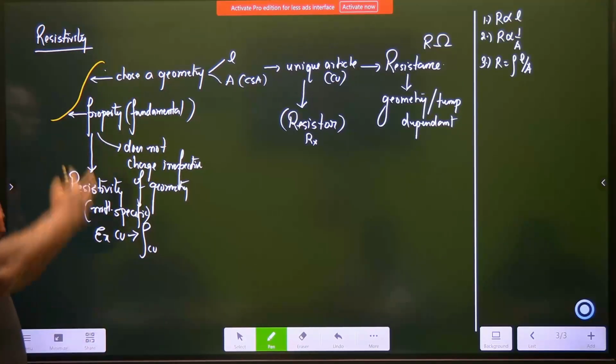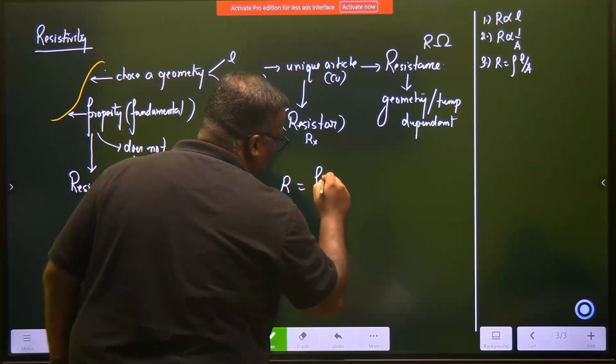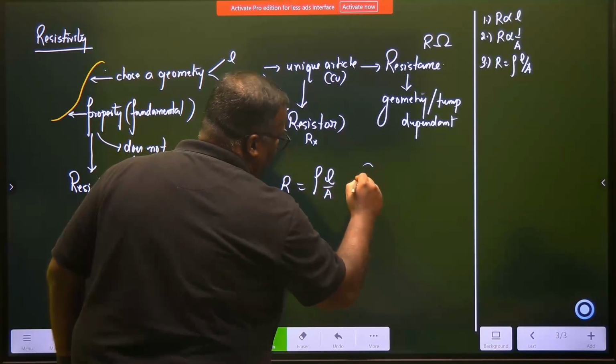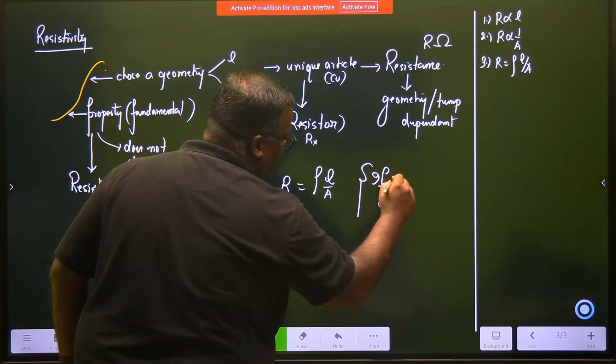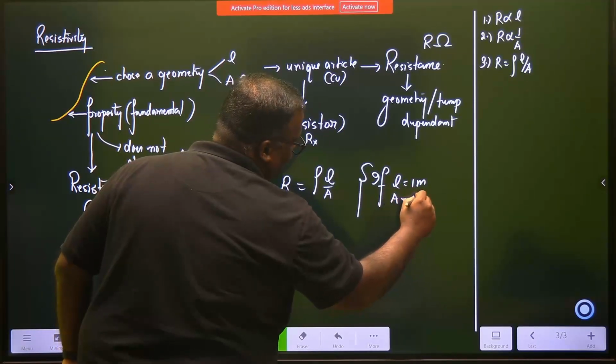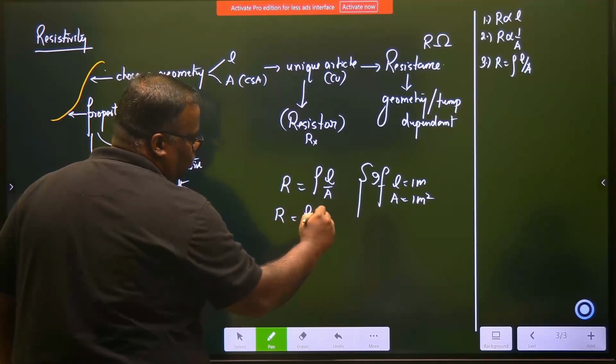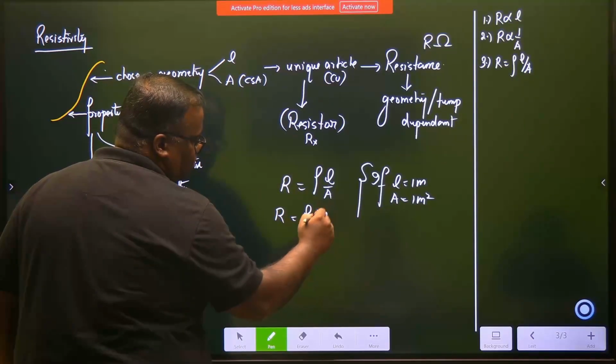So let's talk about resistivity, and come back to my formula where I say R is equal to rho L upon A, and I make some assumptions. Say that L is equal to 1 meter and A is equal to 1 meter square. So it becomes R is equal to rho times 1 meter by 1 meter square.